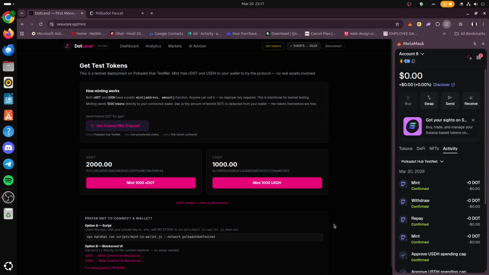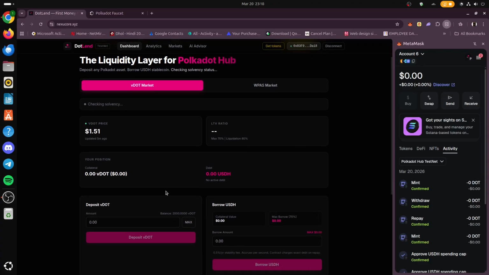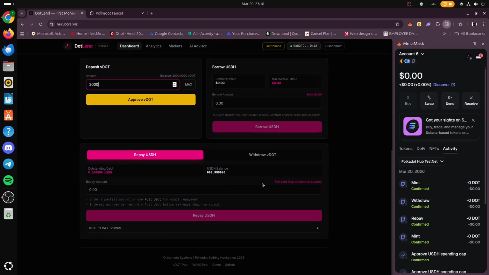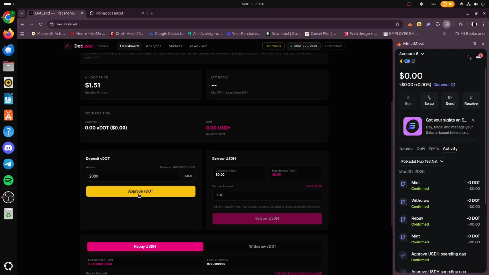See, if you go around and deposit like 2000 vDOT, and you borrow around 1000 USDH according to it, and over here you come and you try to repay that 1000 USDH which you have just borrowed against your collateral of vDOT. So what happens is you will incur some kind of debt, right? And the debt is calculated per second. It's a 0.5% very bare minimum per year.